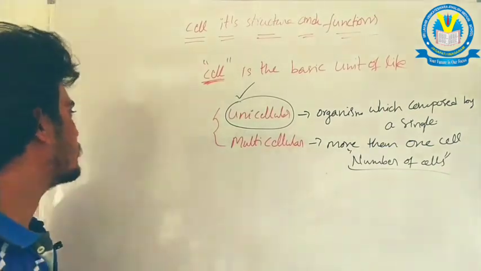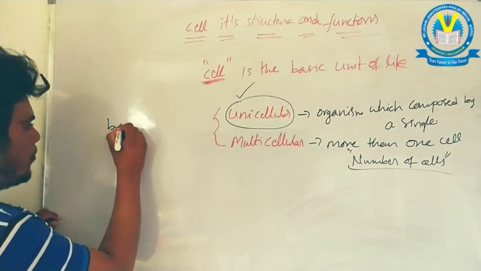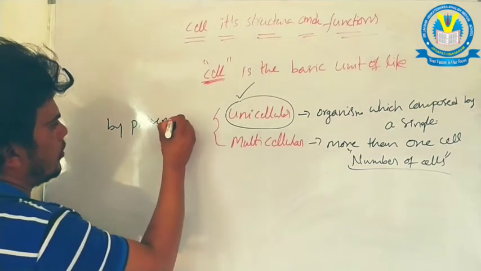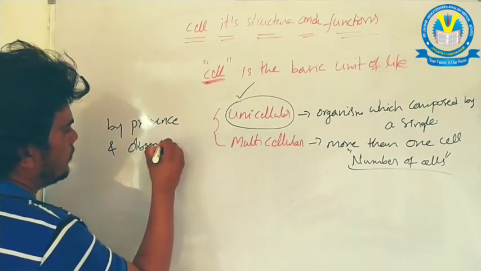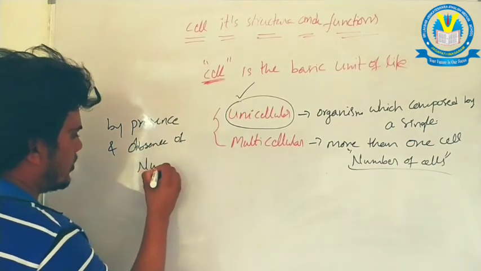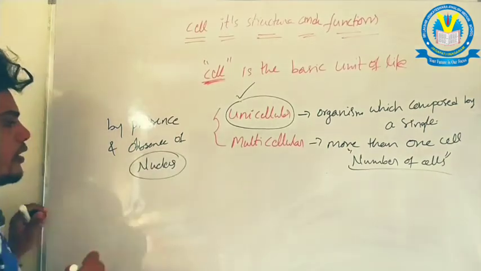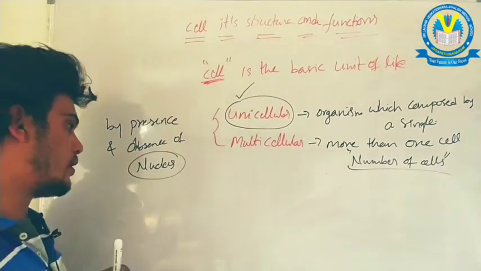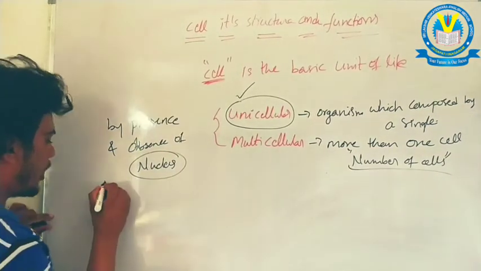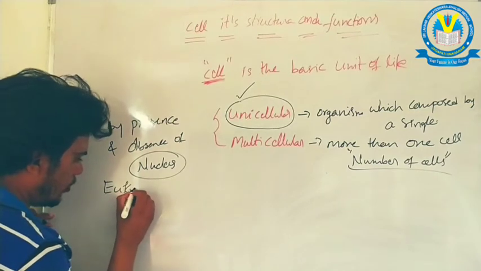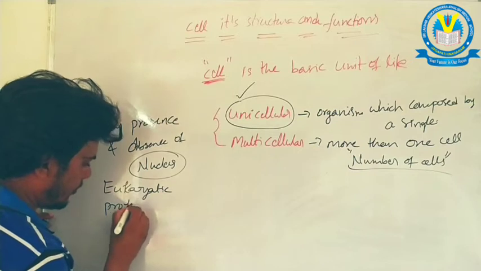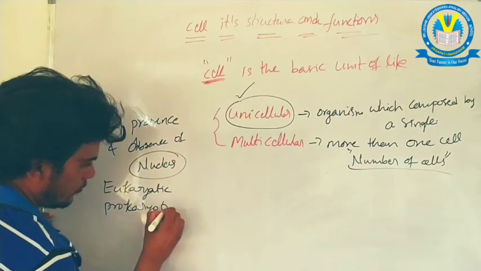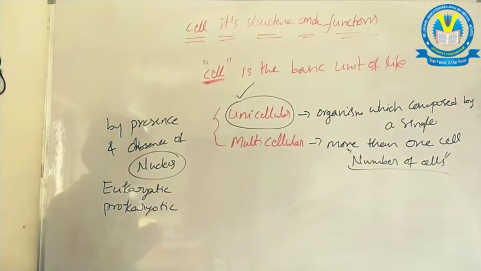And also by the presence and absence of a nucleus, we can classify organisms as eukaryotic and prokaryotic.